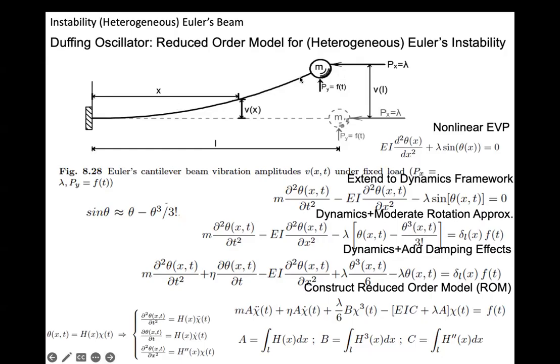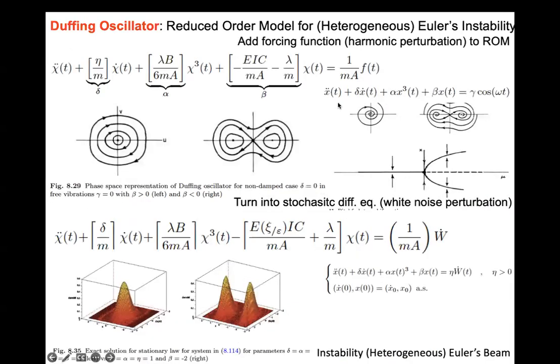And if you take a certain deformed configuration represented with some kind of shape, something like a Hermite polynomial for an Euler-Bernoulli beam, you take them, and then you average. It turns out that you actually reduce this problem to something called the Duffing equation, the Duffing oscillator, which is a very famous oscillator for studying instability or motion.